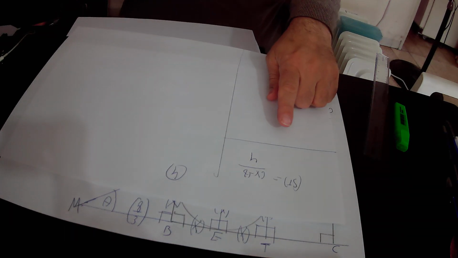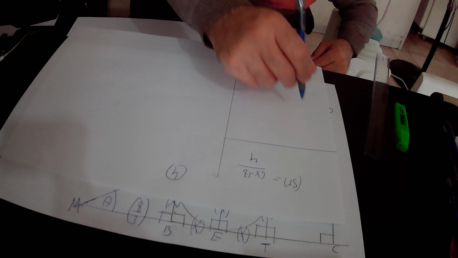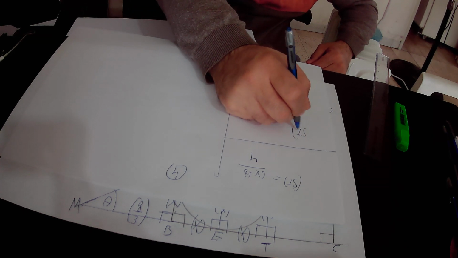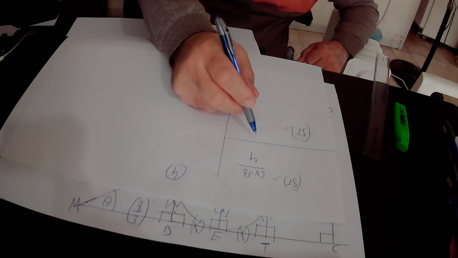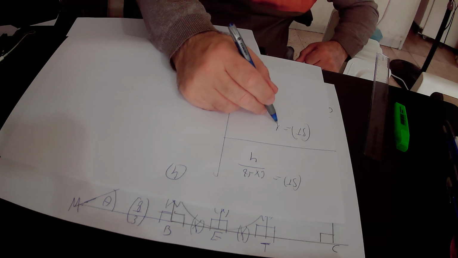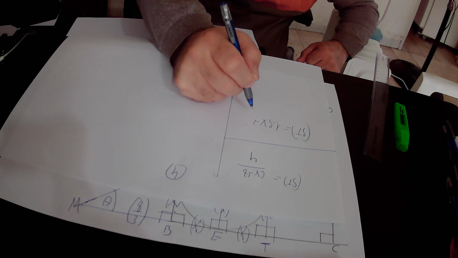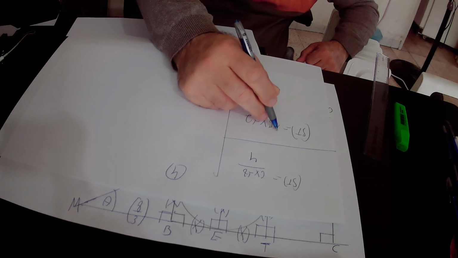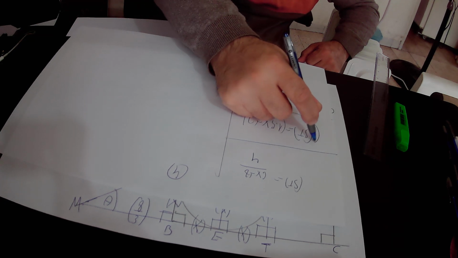In conclusion, we found out that ST equals 6x plus 8 over 4. So ST equals 6x over 4, which is 1.5x, plus 8 over 4, which is 2. So in conclusion, we found out that ST equals 1.5x plus 2.